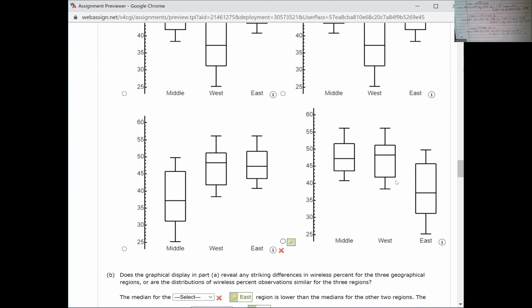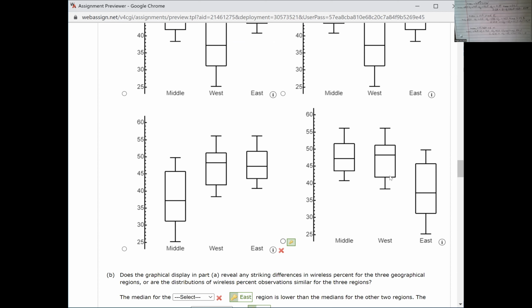And I think I'll show you, we had for the West, let's do the West first because that's what we had first. We had the minimum for the West was 38.4. It's about here. 38.4, that's right.